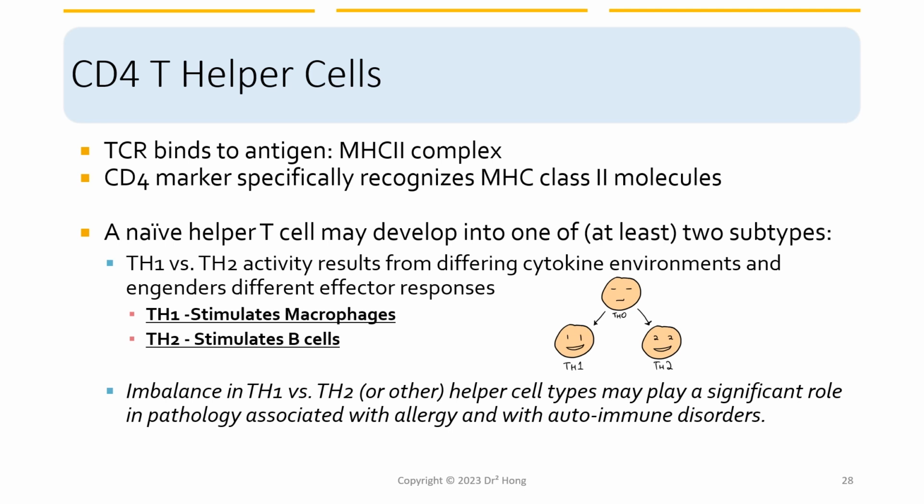So I have a big picture here. TH1 is responsible for helping or stimulating macrophages, and TH2 helper T cells are responsible for stimulating B cells. There's actually a very fine balance between TH1 and TH2, and it is believed that any imbalance between TH1 and TH2 helper T cells may play a significant role in the pathology associated with allergies and other autoimmune disorders.